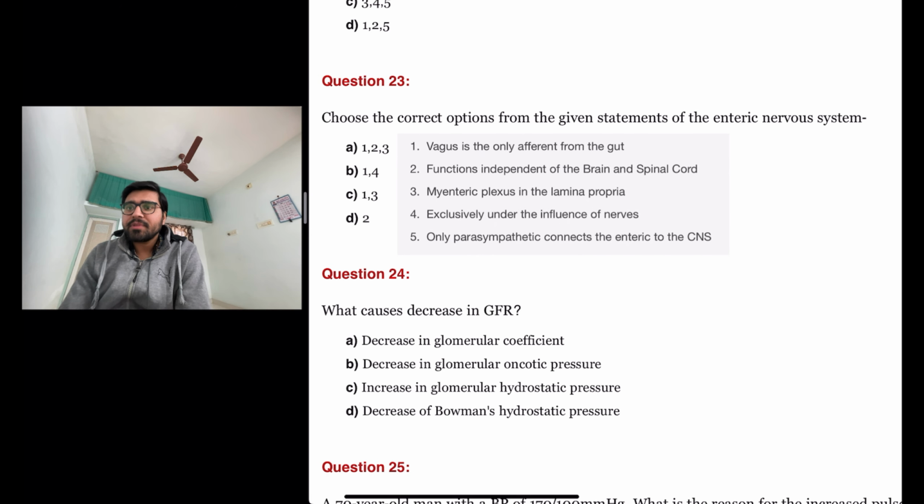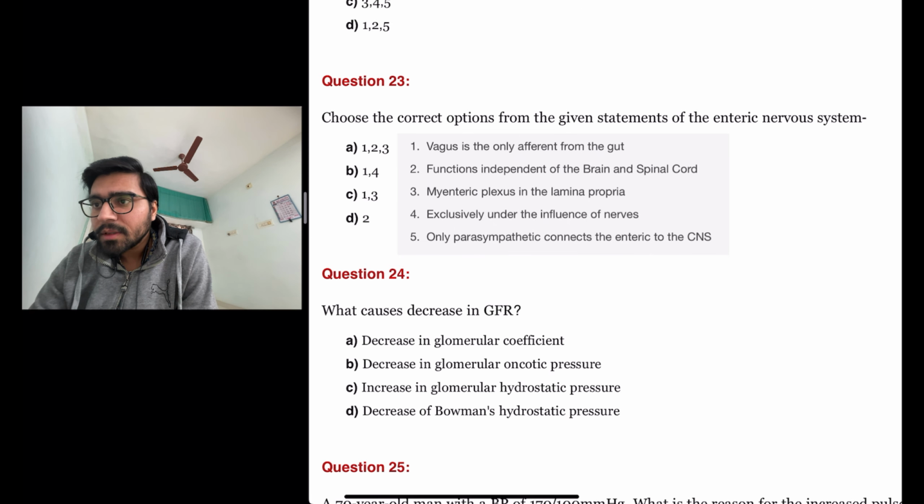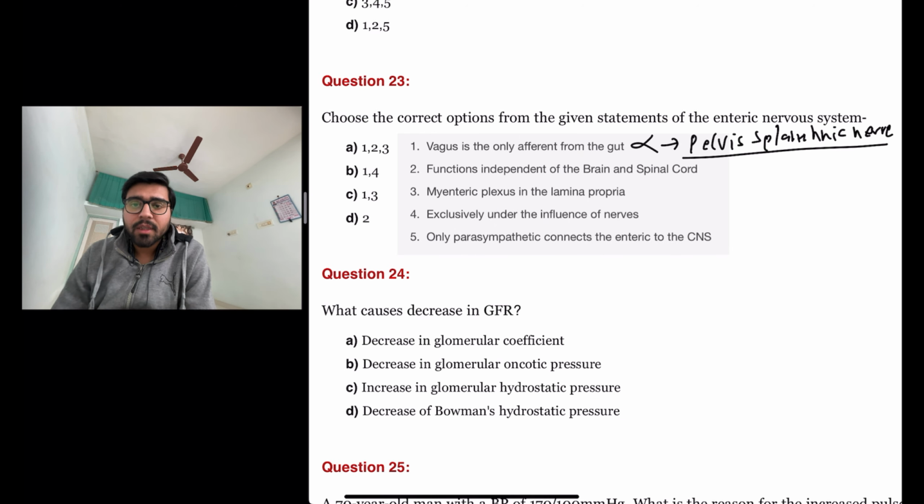Choose the correct options from the given statements of the enteric nervous system. So let us see these all statements. Vagus is the only efferent from the gut. This one is wrong. Pelvic splanchnic nerve is also an efferent from the gut, apart from vagus nerve. Functions independent of the brain and spinal cord.